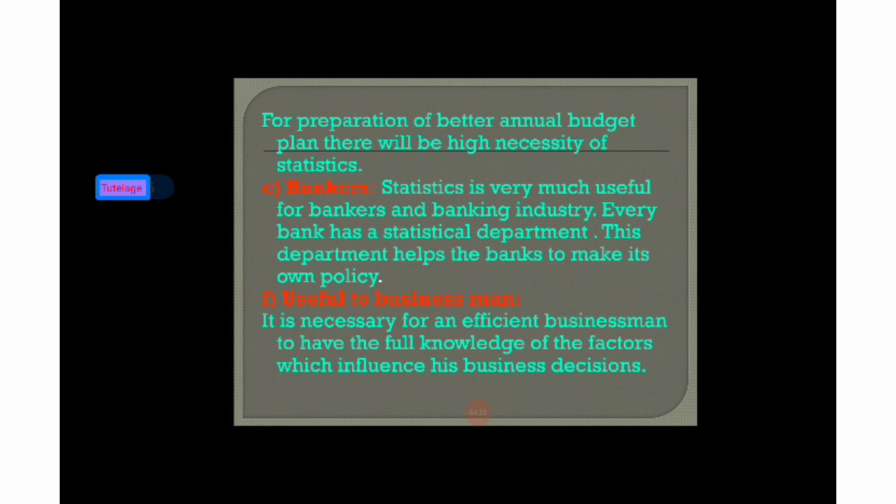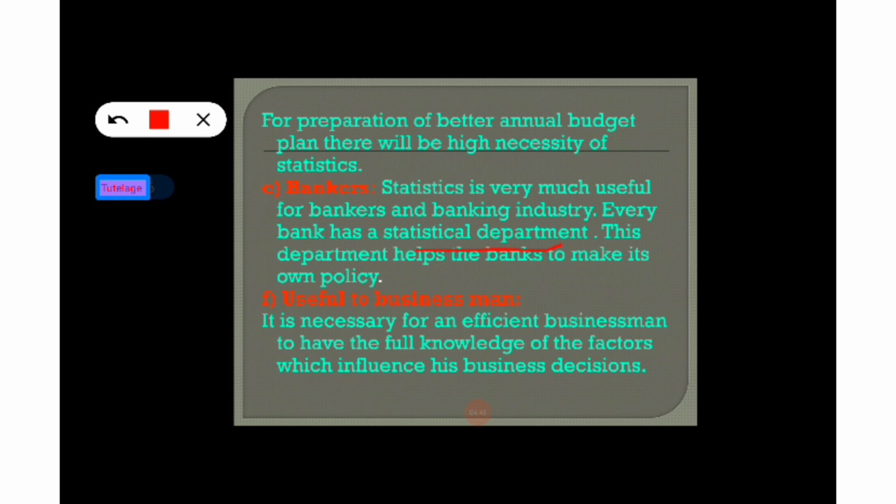So here we can see statistics is useful to the bankers. Why is statistics helpful to this sector? Statistics helps the banking industry. Every bank has a statistical department.